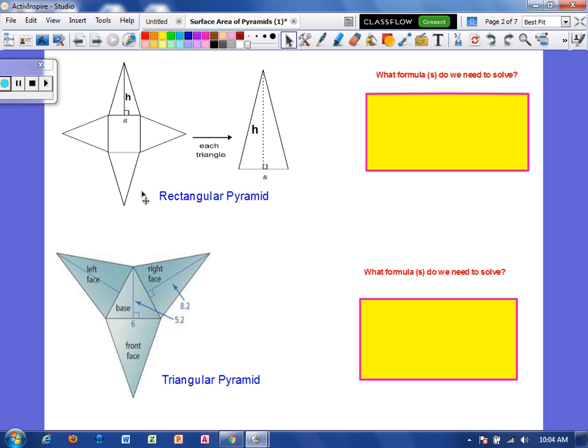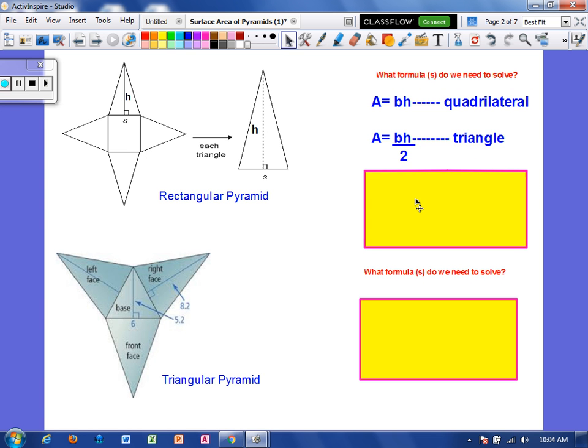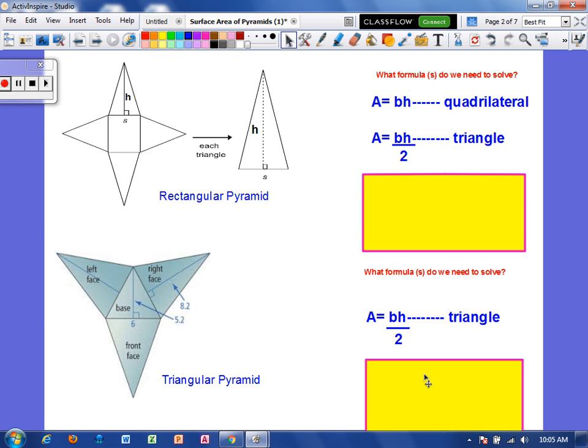For a rectangular pyramid, we have a rectangle and triangles, so we're going to need the area formulas for rectangles and triangles. For a triangular pyramid, we only have triangles, so we're only going to need the area of a triangle formula.